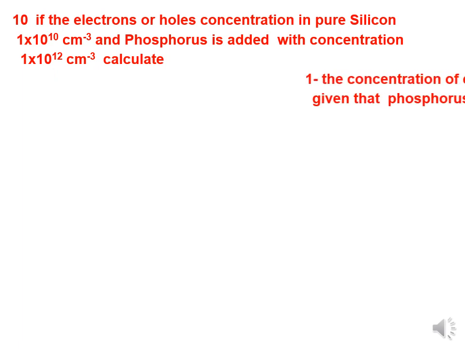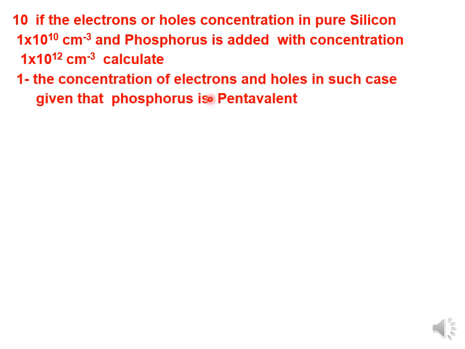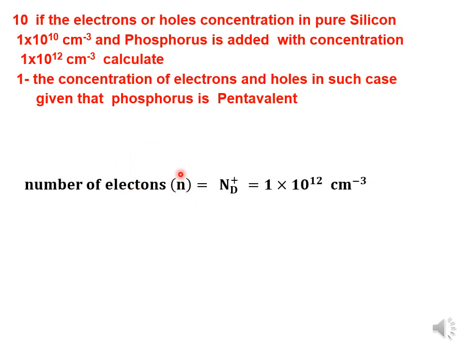Calculate the concentration of electrons and holes in such case given that phosphorus is pentavalent. The number of electrons n equal the concentration of positive donor ions، اللي هي concentration of phosphorus added in concentration of 1 times 10 to the power 12، اللي هي 10 to the power 12 per centimeter cube.